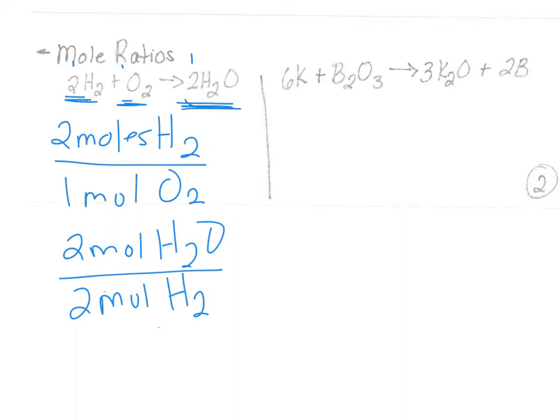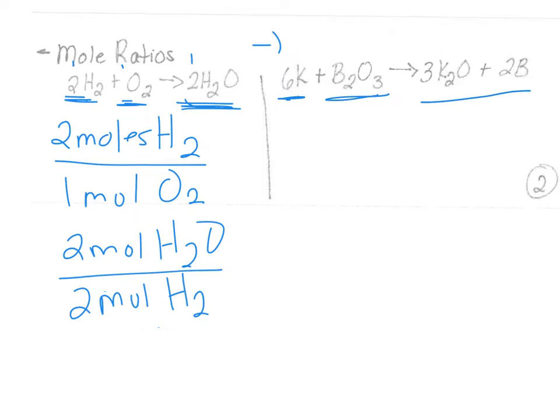Here in this problem number 2, I have a little more complicated reaction, but it's still balanced for you. This single replacement reaction takes potassium and uses 6 moles of it and 1 mole of diboron trioxide to make 3 moles of potassium oxide and 2 moles of a boron atom.